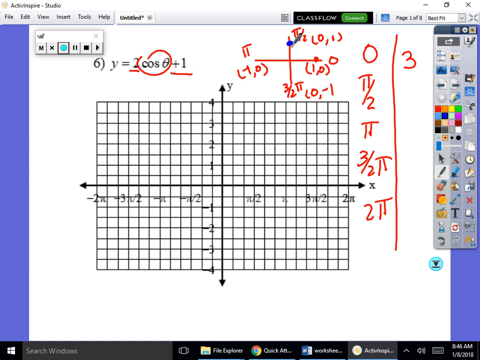Times 2 plus 1. Excellent. Now I'm going to move to this location. What's cosine? Times 2 plus 1. Negative 1. Okay? Now I'm going to move to this location. What's cosine? Times 2 plus 1.